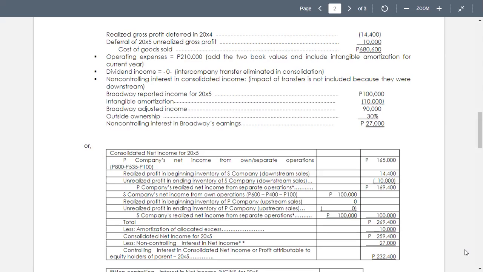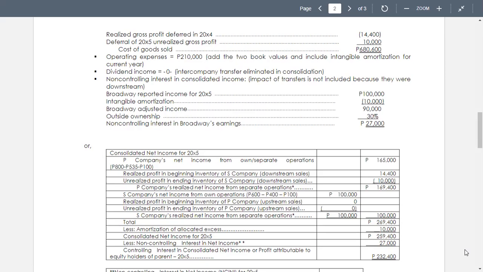So we now get the total of 179,000 minus 10. P company's realized net income from separate operations is 169,400. Whereas S company, its net income is equal to 100,000. Sales of 600,000 minus cost of goods sold of 400,000.